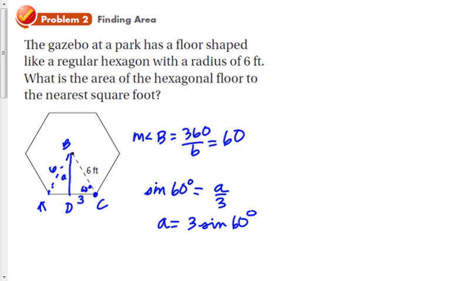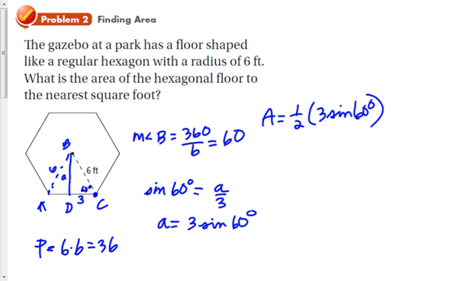Our perimeter is the number of sides, which is 6, times the length of one side, which is 6. So that's 36. We now have everything we need for the area. We need 1/2 times the apothem, which we just found is 3 times the sine of 60, and then that times the perimeter, which is 36.